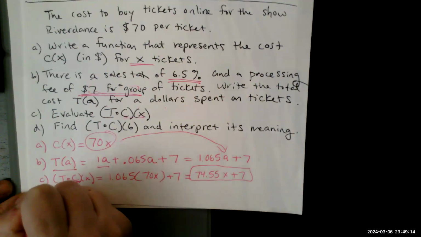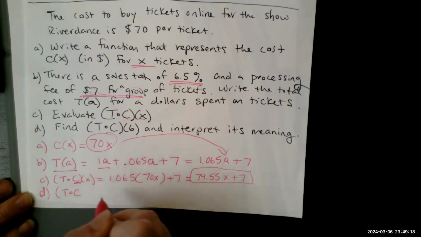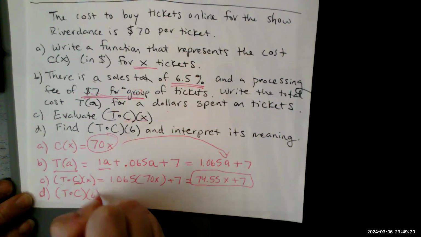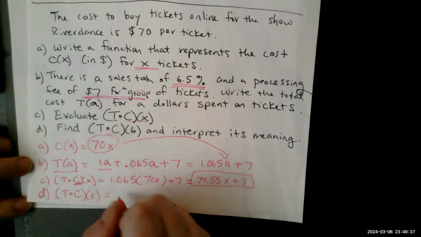So D finally is asking me to find T of C of 6, which basically means I could plug the 6 into the C function, get an answer, and plug that into the T. But since we've already found a new function that would be this T of C, I can just take my 6 and plug it in here.